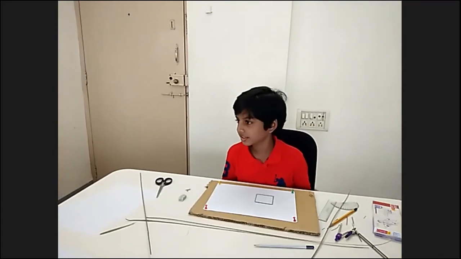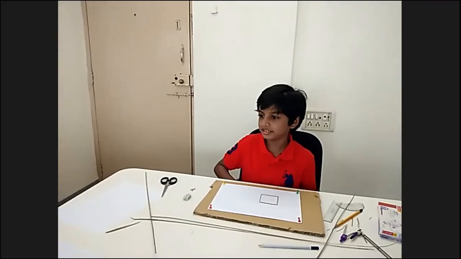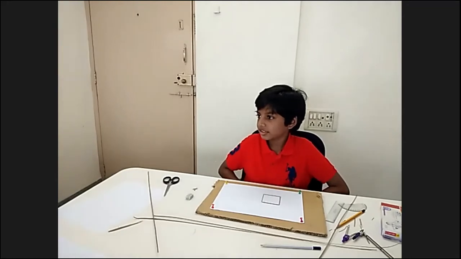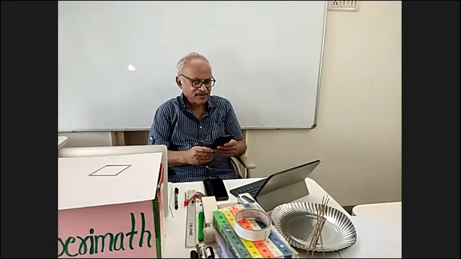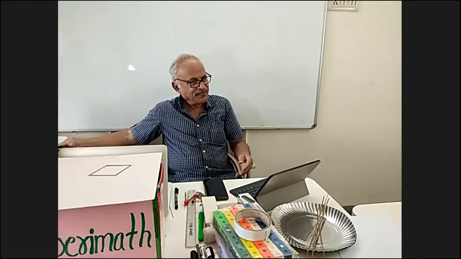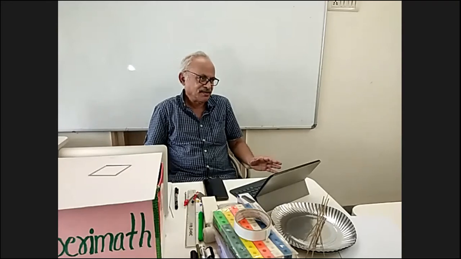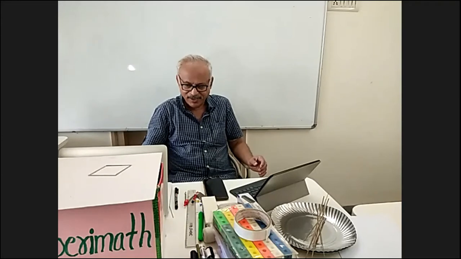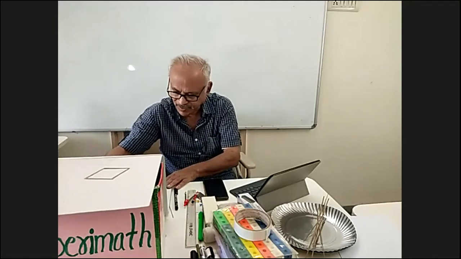A square is a rhombus which has angles of 90 degrees. If it is not 90 degrees, you can also have a rhombus. But when the angle is 90 degrees, then it becomes a square. Okay, all right. Can we just have the slides again, please?